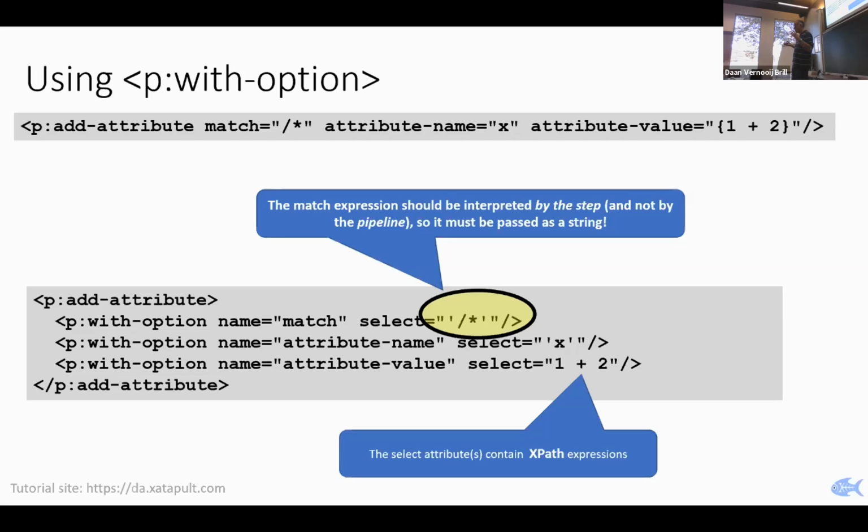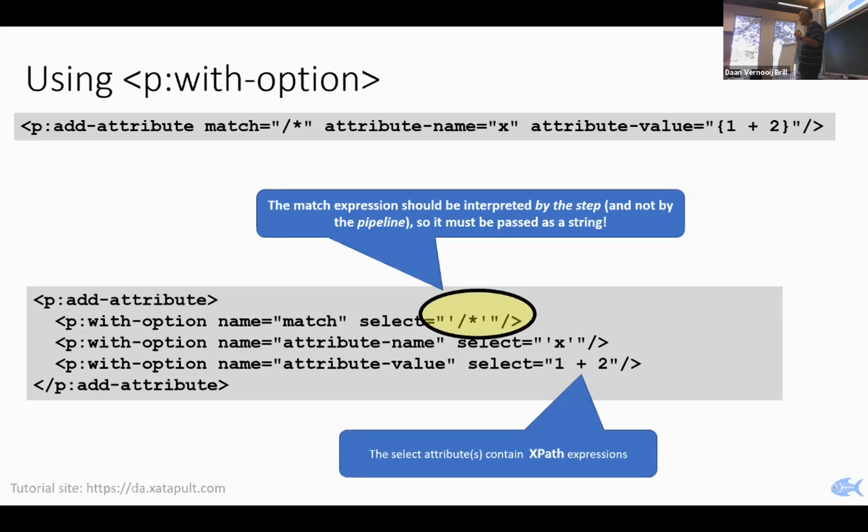And since the option is a string, it's going to stringify your document. So what would then be passed into your p-add attribute step would be the string contents of your document. The p-add attribute step thinks it gets an XPath expression, but it just gets a string, whatever is in your document. So that simply won't work.